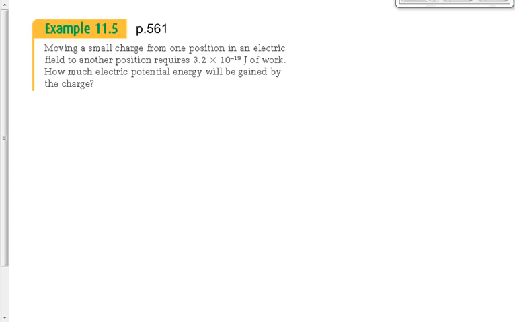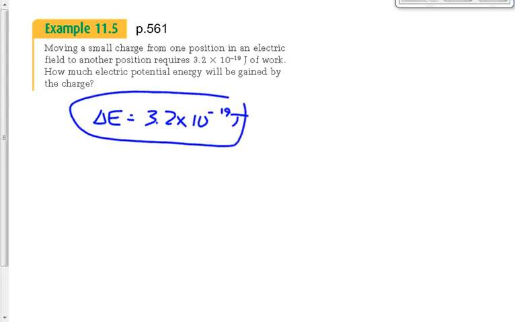But if you remember that work and change in potential energy are the same thing, then the change in potential energy, or the potential energy gained here, is simply going to be 3.2 times 10 to the minus 19 joules. Good? Okay, the key to that question clearly is remembering that work and change in potential energy are the same thing. If you do, it's easy, like easier than anything you've done. If you don't, well then, it's not easy.